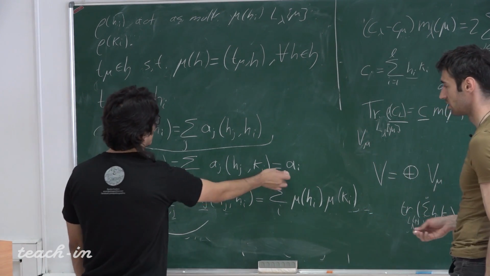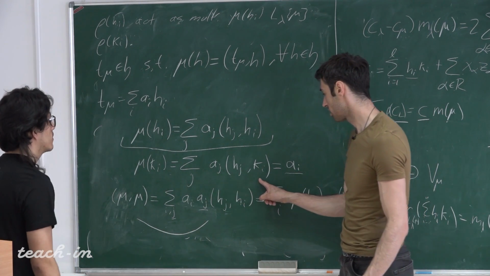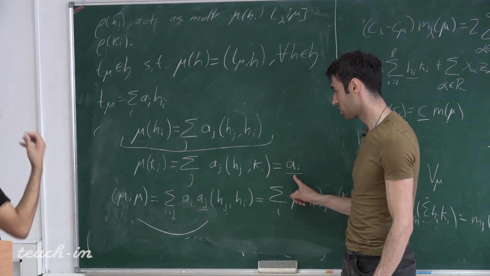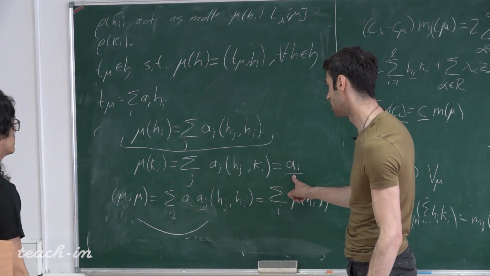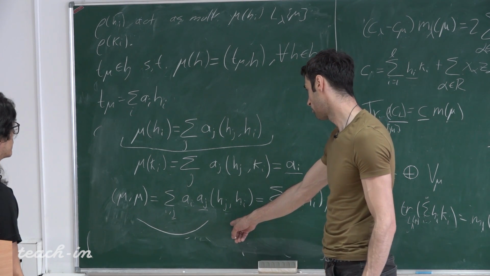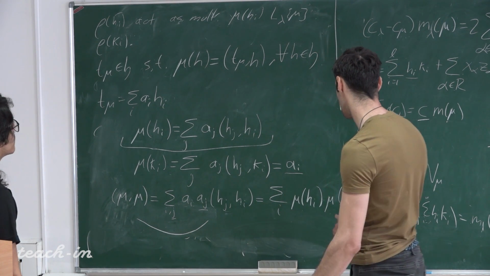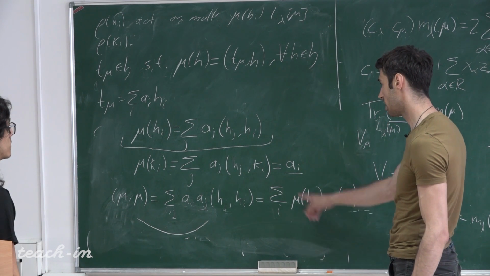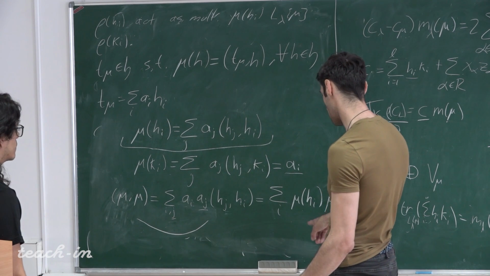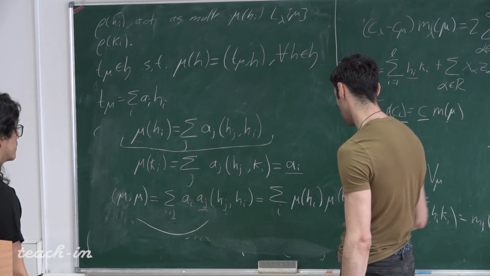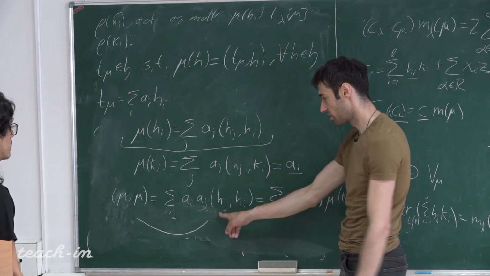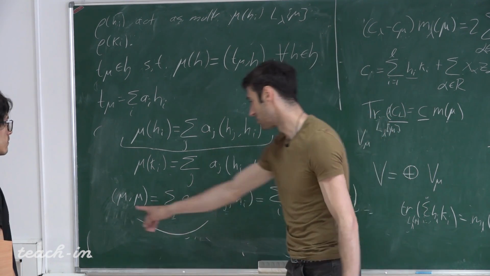Yes, just substitute here and rename it. Yeah, because h_j k_i is delta jk, delta ji is just a_i, right? So I take, but then from here to here, yes, so I have mu of h_i is like that, right? And if I plug into this expression, if I plug in these two things, I will get exactly this one. So these are equal.